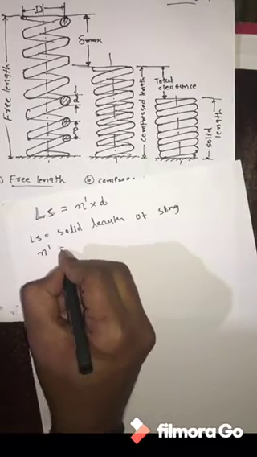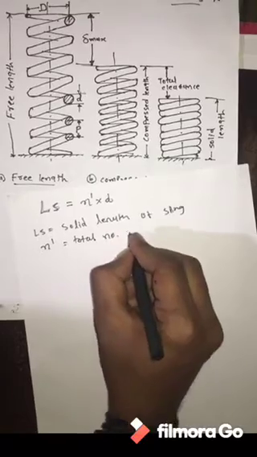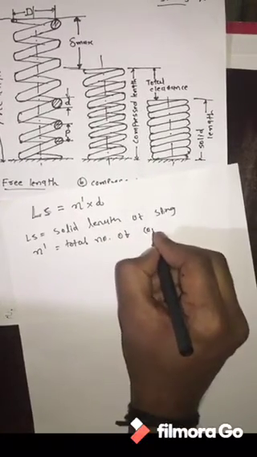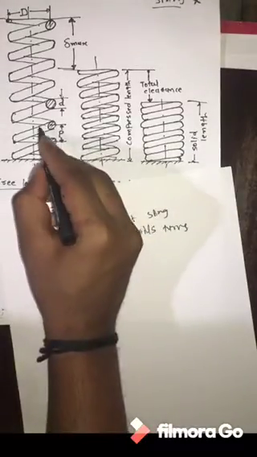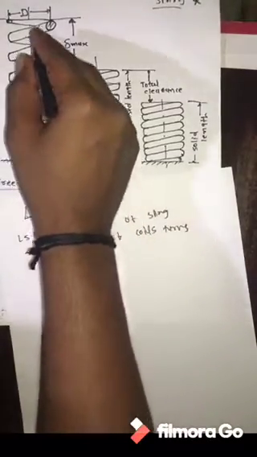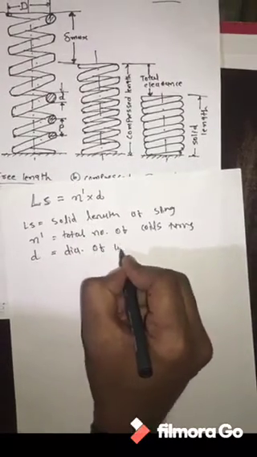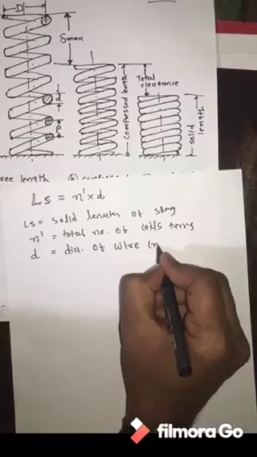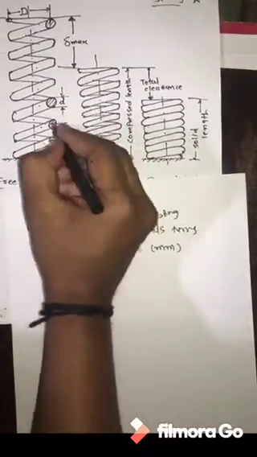N dash means the total number of coils or turns. Suppose this one is turn 1, 2, 3, 4, 5, 6, 7 etc. So this one is N dash. And d means the diameter of the wire, and it is in mm. Diameter of wire means this one.